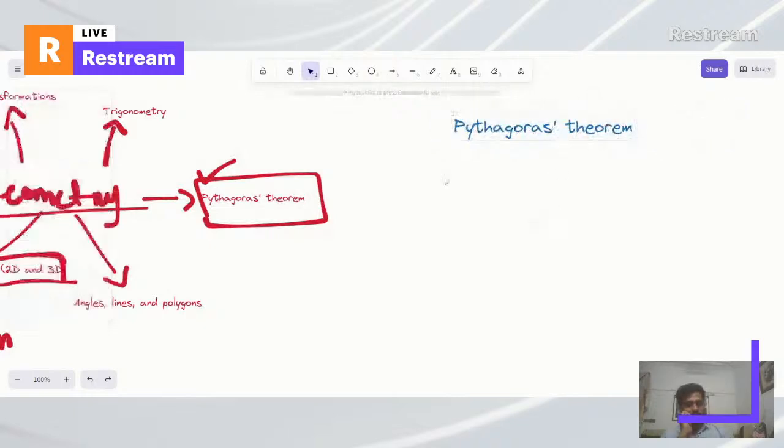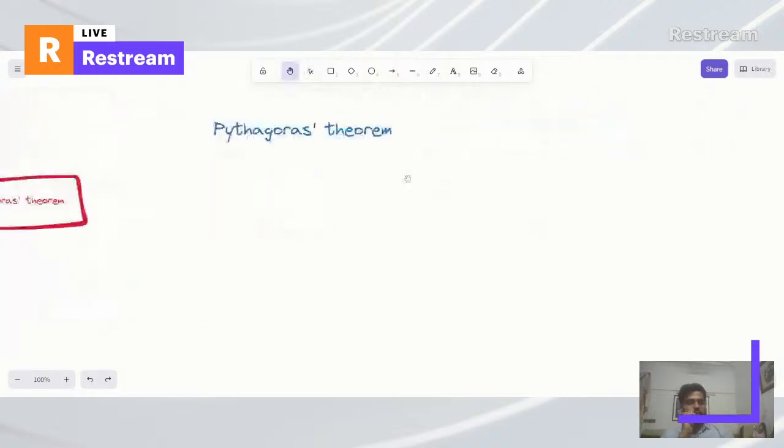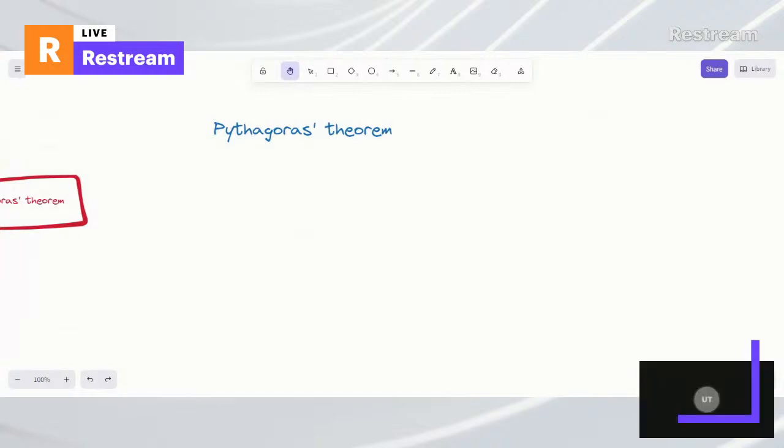If you know, then please comment down what Pythagoras theorem states and where it applies. Comment in the chat below. Faster fingers, guys. If you get it right, obviously I'm going to call out your name as well.